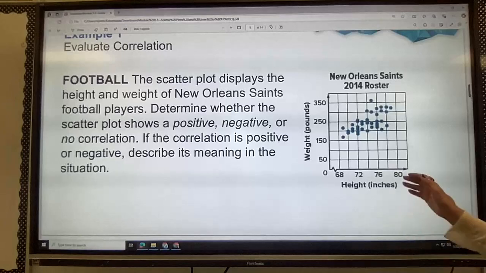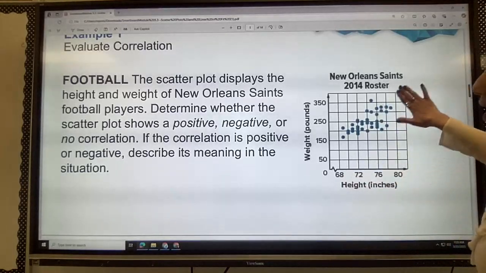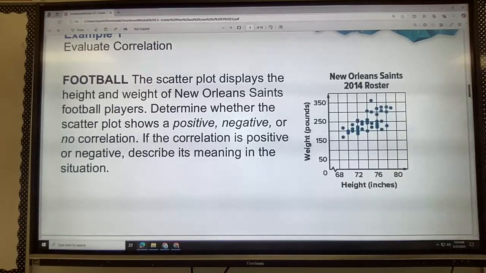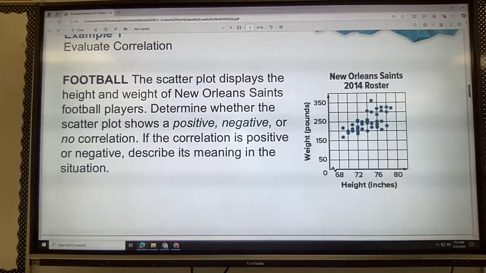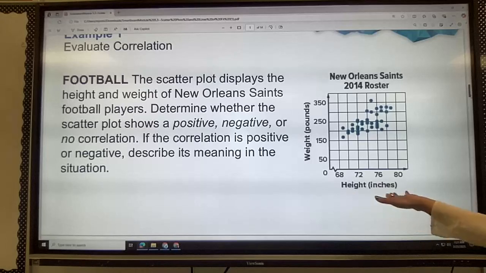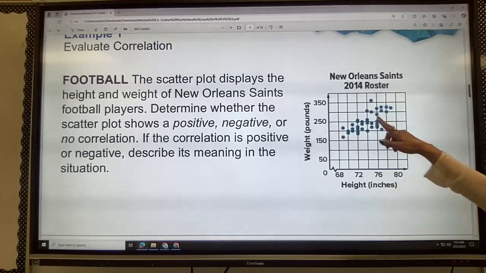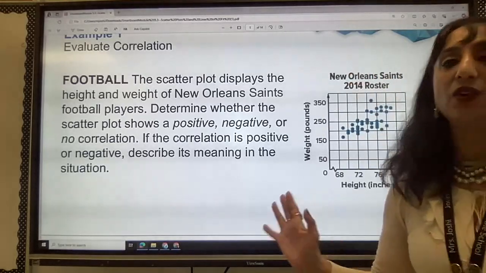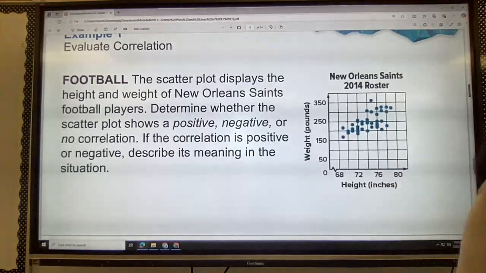Now we can see that this graph is going upwards, right? So it is showing a positive correlation. And when we're talking about the meaning in the situation, as the height of the football players increases, the weight also usually increases. And that's what this means.